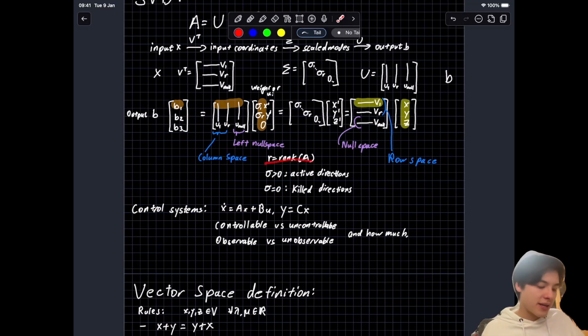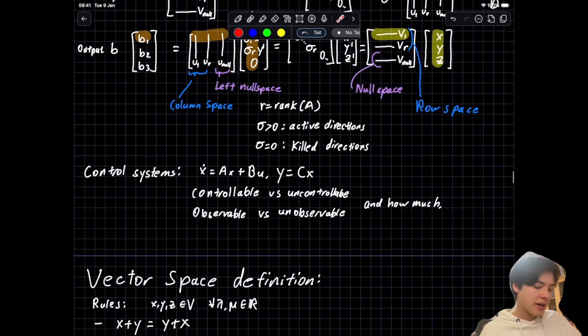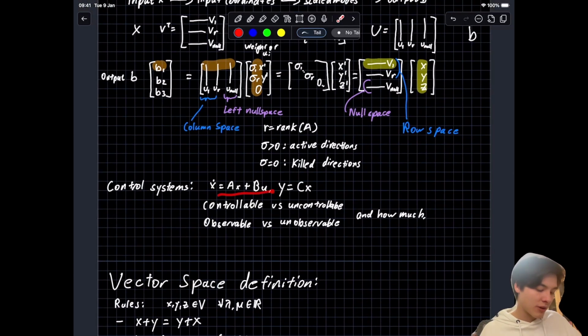So yeah, our rank is r. r is the rank of A, which is how many singular values, active directions, and for all singular values equal to 0, that is where the direction gets killed. And in control systems, we have equations like this, right?